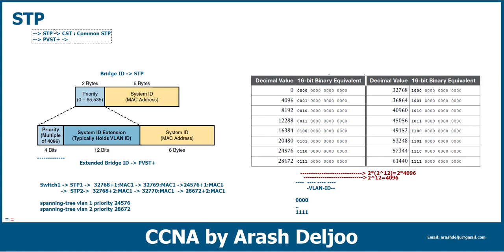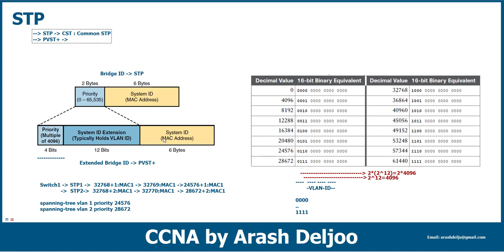And here in per-VLAN STP plus we need to use a different BID for each STP instance in one switch. How can we create different BIDs with one MAC address? We don't want to waste many MAC addresses by adding the VLAN ID to the priority.